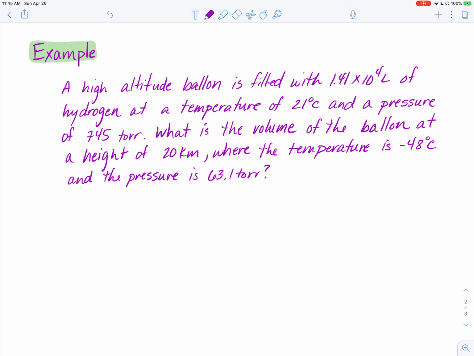This problem says a high altitude balloon is filled with 1.41 times 10 to the fourth liters of hydrogen at a temperature of 21 degrees C and a pressure of 745 torr. So you now have volume, temperature, and pressure in one particular condition of that balloon.